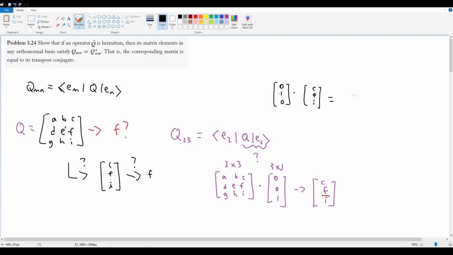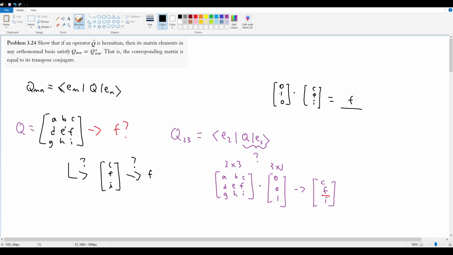So if you take the dot product, this is 0 times C plus 1 times F plus 0 times I, which is just F on its own. So that's sort of, we're proving it, not necessarily mathematically, but by showing how it results: you can isolate individual elements by multiplying your corresponding matrix with the basis vectors in certain ways.